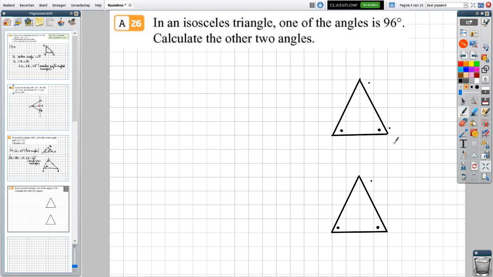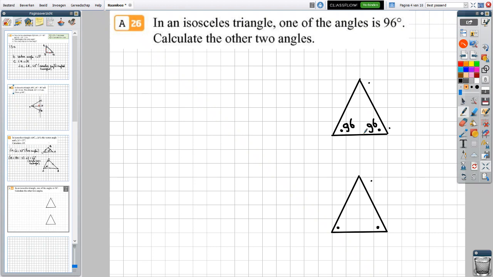Okay. Let's say that the angle that they talk about is going to be the base angle. So let's say this one is 96 degrees. If that's the case, that means that this one should also be 96 degrees.